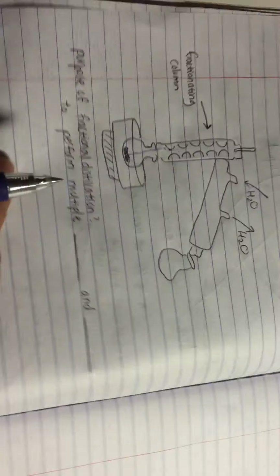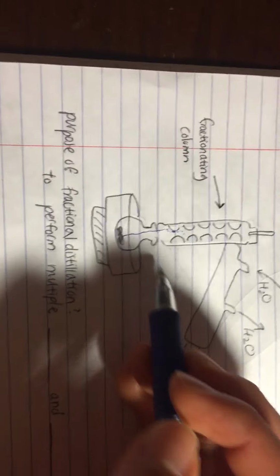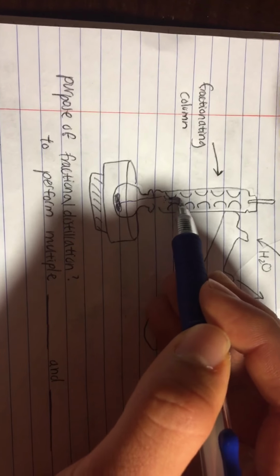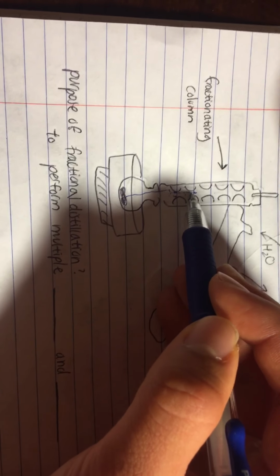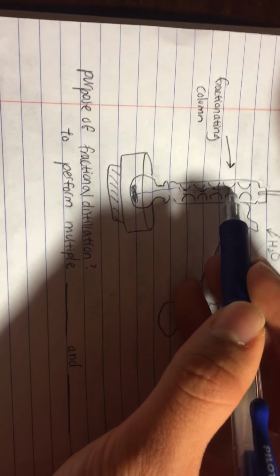And so what happens is you're going to get this 80% mix while it's still in the tube. And obviously it's going to vaporize again, and it might hit one of these beads again, and it's just going to constantly go through vaporization and condensation.